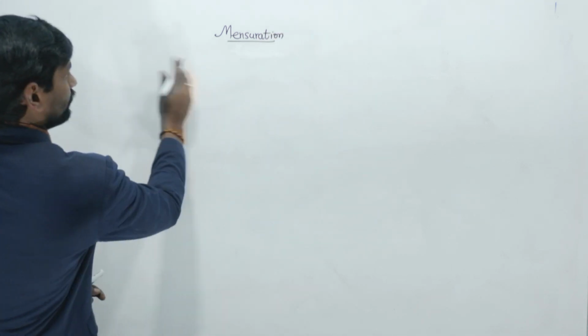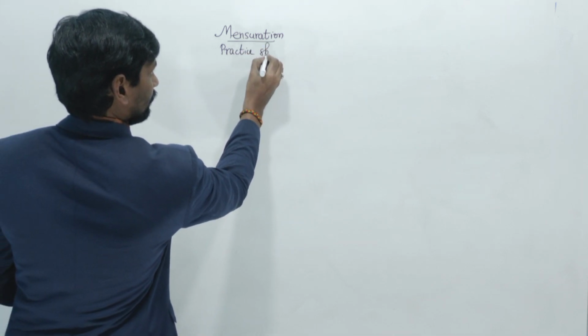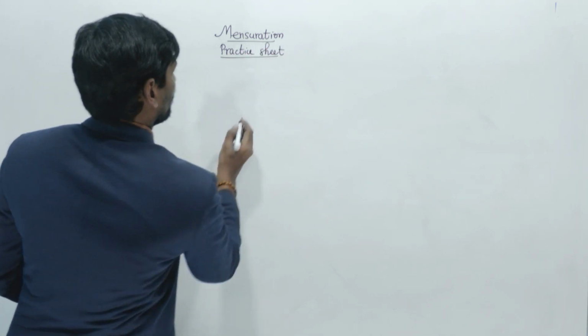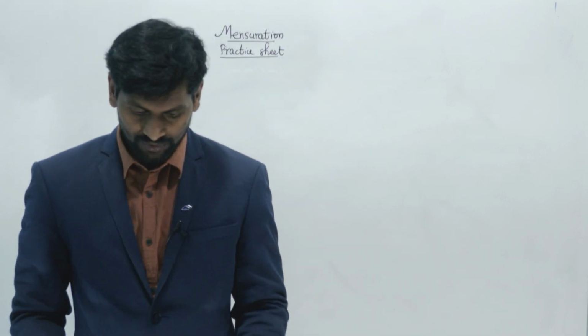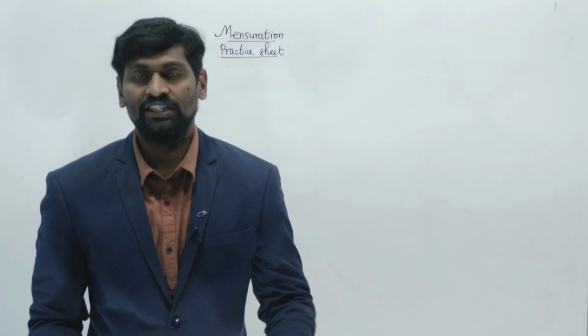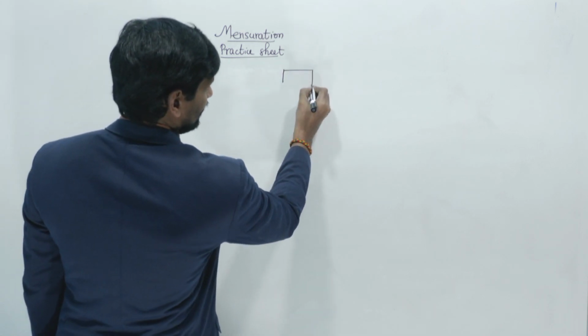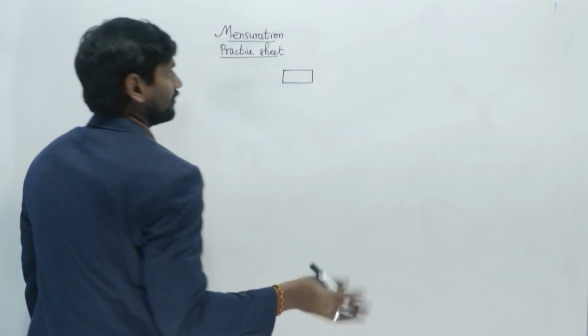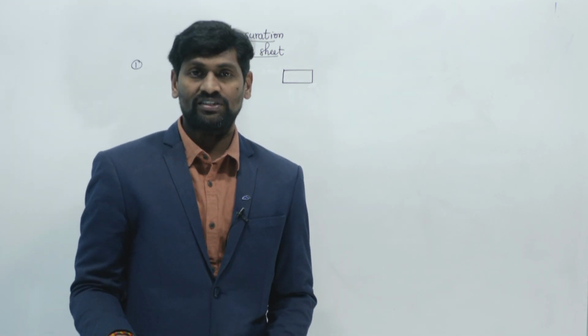Mensuration, practice sheet 2 problems. Let us see the first problem: the length of a rectangle is 1 meter more than the breadth.